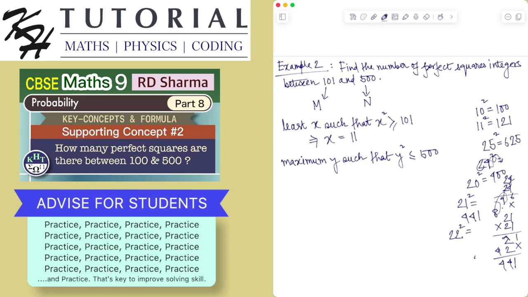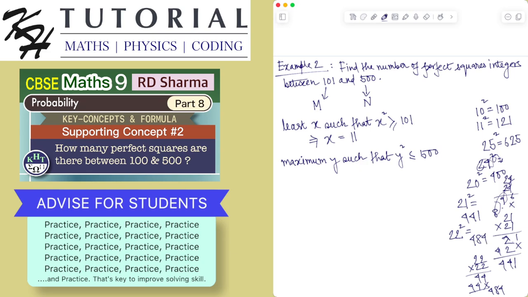22 square is 484. I think y will be 22. So 22 square is 484.